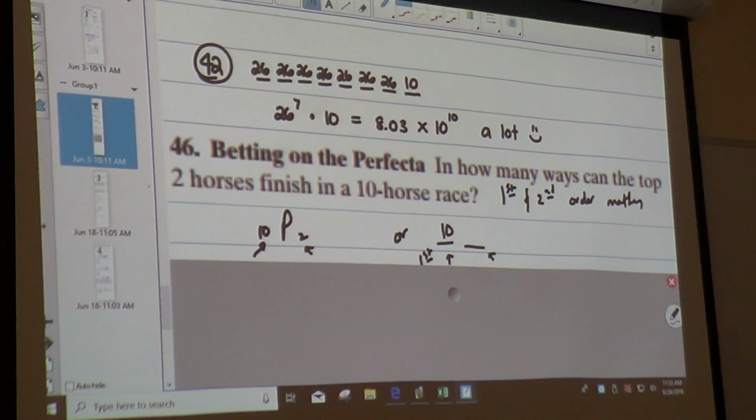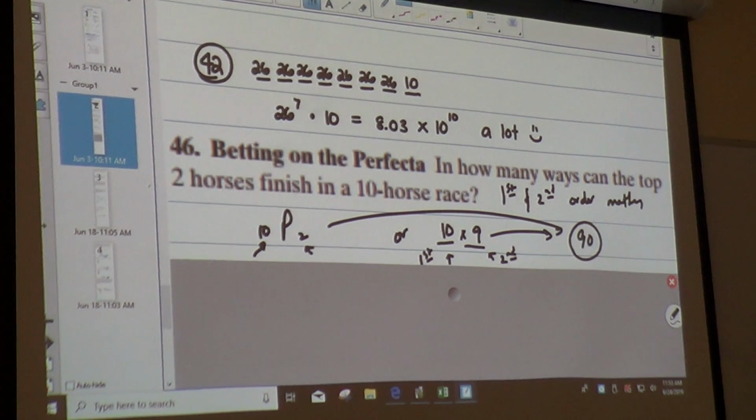And then how many do you have left for second place? 9. If Johnny Longlegs gets first place, then you have 9 to pick from for second place. So either one of these is going to give you the answer of 90. So if you're doing a permutation problem, you can always do it as a blank problem.